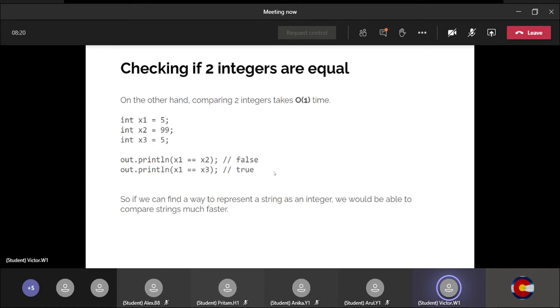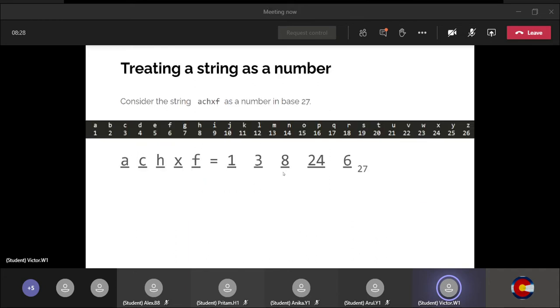This motivates us to represent a string as an integer, which would allow us to compare strings much faster. Let's try that. Say we have the string ACHXF from a few slides ago, and a conversion table where each character is mapped to a distinct value: A is 1, Z is 26, and so on.